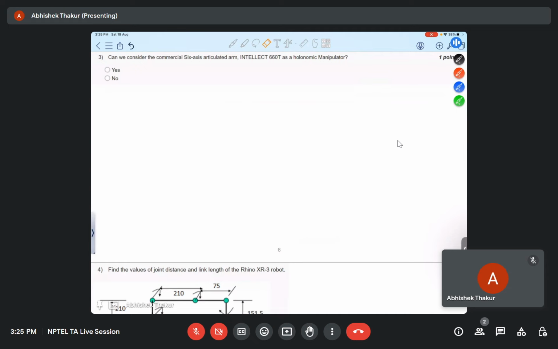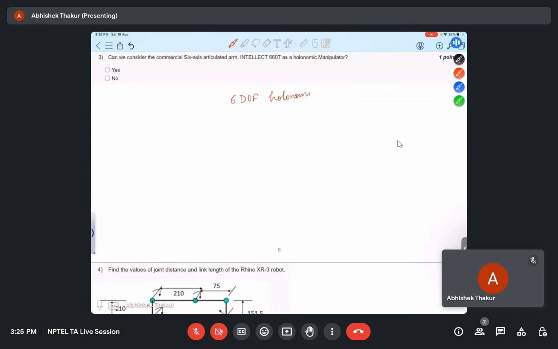That is, can we consider the commercial six-axis articulated arm Intellect 660T robot as a holonomic manipulator? So actually, in this question, you can see that there is a six-axis articulated arm. So it has all the six degrees of freedom. So here it is holonomic.